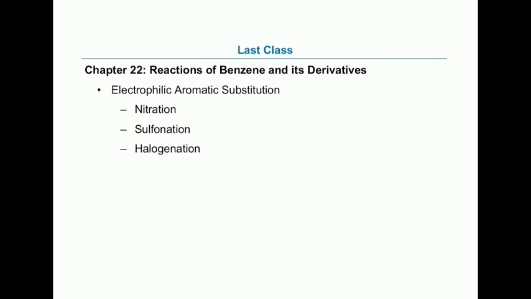So nitration, sulfonation, and halogenation are not being done with your run-of-the-mill electrophiles. These are specialized electrophiles that are usually formed by some sort of a sequence of increasing the reactivity in the reaction. As I discussed last time, usually what we're going to do is start with the reagents, generate this powerful electrophile, and use it right away, which only temporarily interrupts the aromaticity of the reaction. We get it back through the loss of a proton.